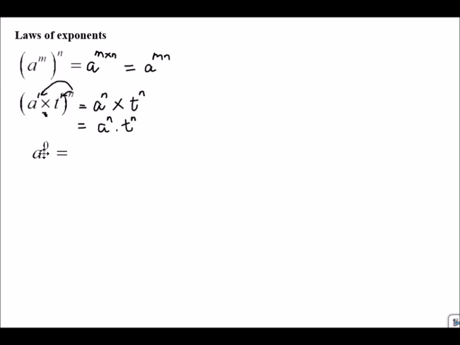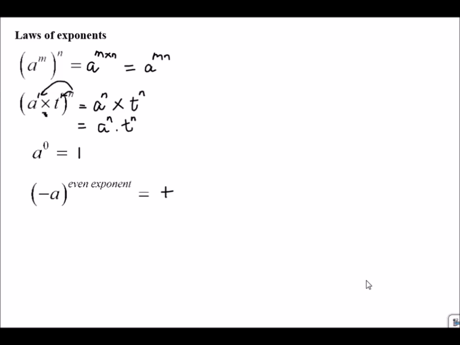A to the 0, any power to the 0 is 1. Let's have a look. If we have a negative a to an even exponent, our result is going to be positive.